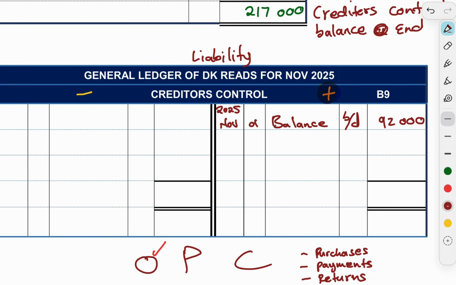PPR, all the time, PPR. Let's start with the purchases. But remember, a general ledger account deals with the totals, while a subsidiary ledger account deals with individual records. So we are only looking for totals here.